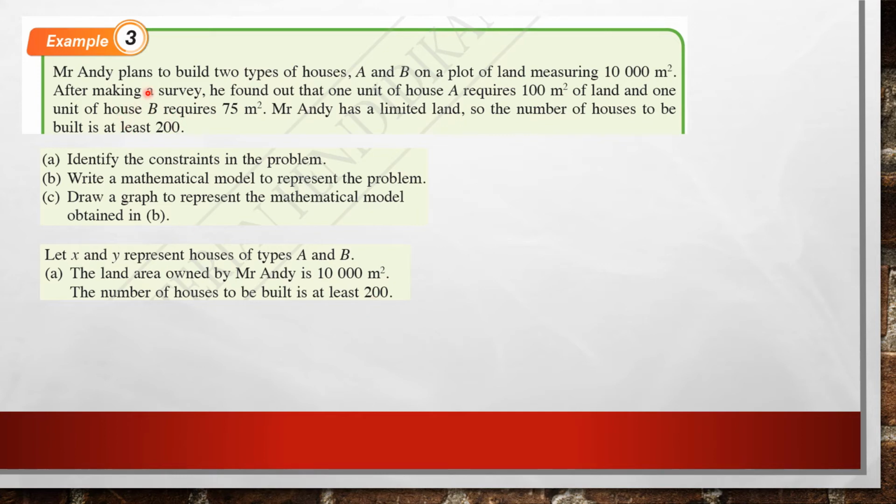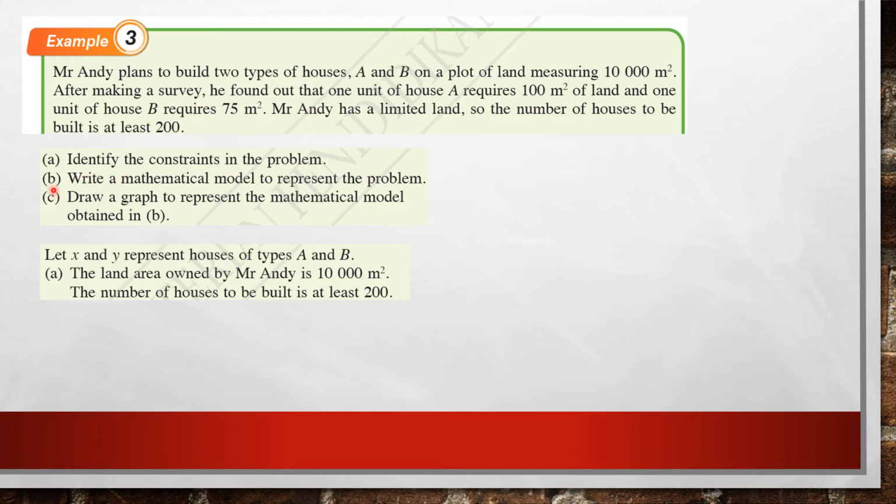That means he wants to build 200 houses in this land that is 10,000 meter square. So these are the constraints in the problem. Because he has limited land and he wants to build quite a high number of houses, that is 200.